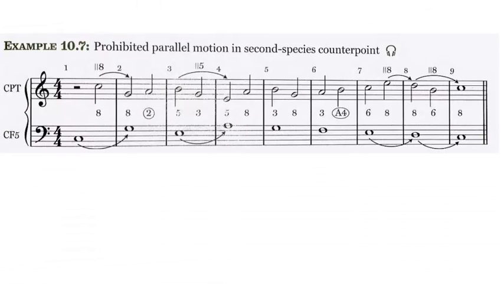And anything here that's marked with an arrow is bad. So I'm going to switch over to my red pen here. First of all, any offbeat to a downbeat parallel. See, we have C to C, moving to G to G. And it doesn't matter that they're in contrary motion, there's still parallel octaves there.